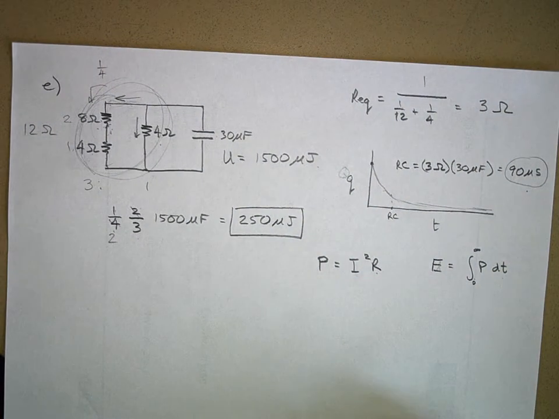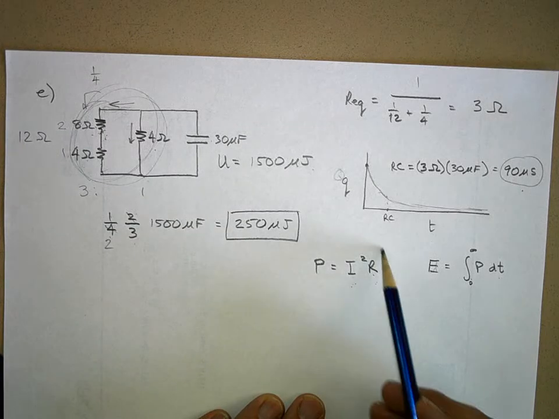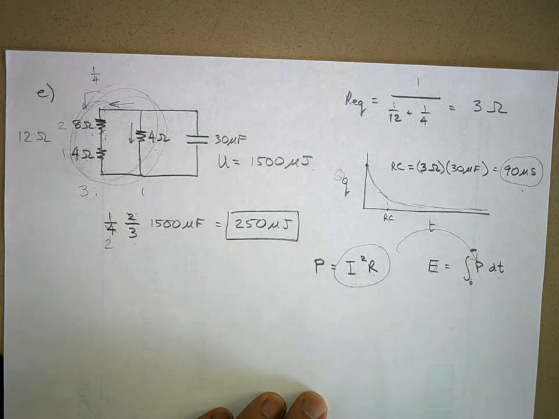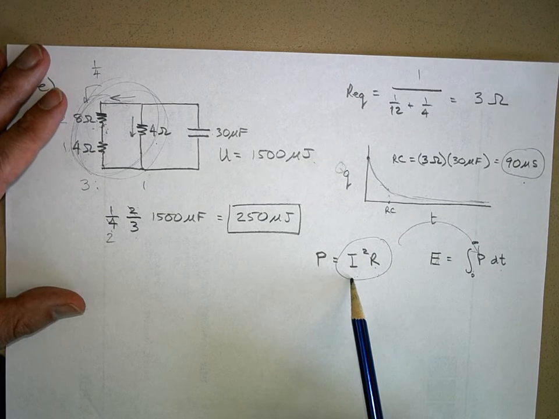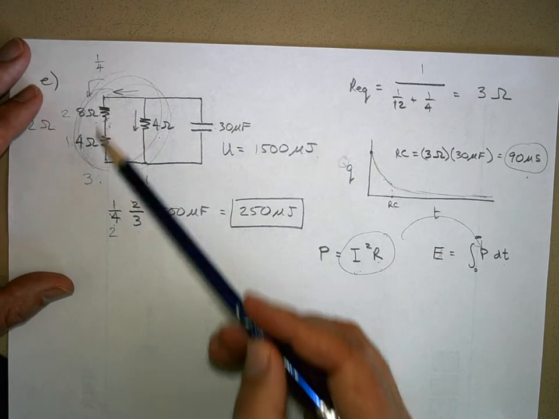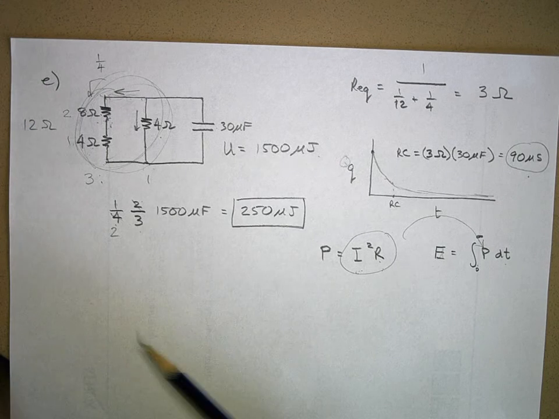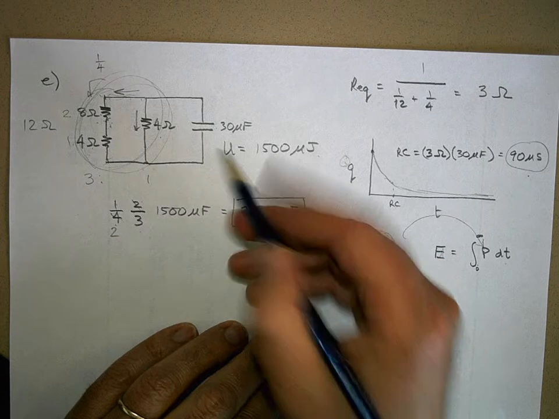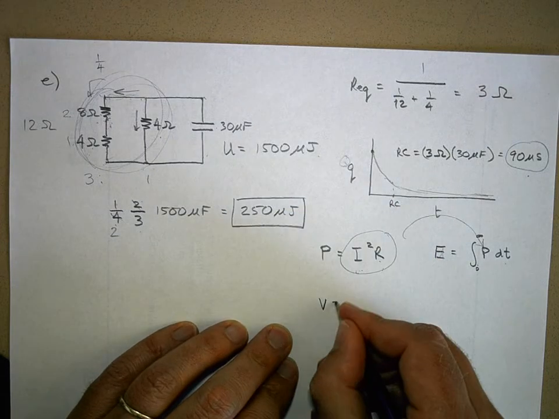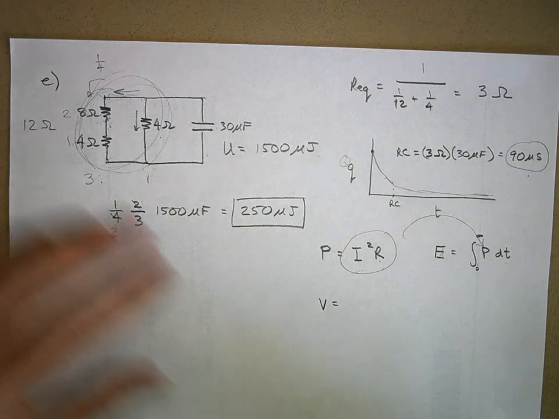But I need to figure out what the current is. The current is a function of time. I know what R is, and I'm going to substitute it in there when I do the integration. But let's figure out what I is. I depends on the voltage drop. So what's the maximum voltage?